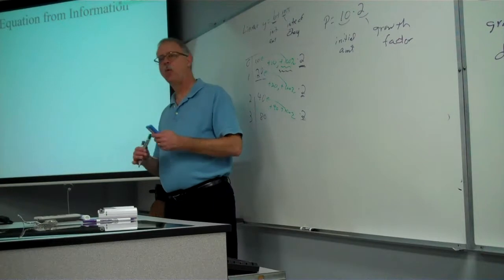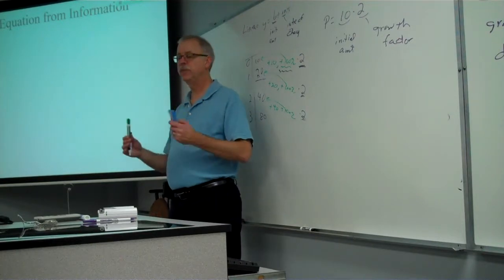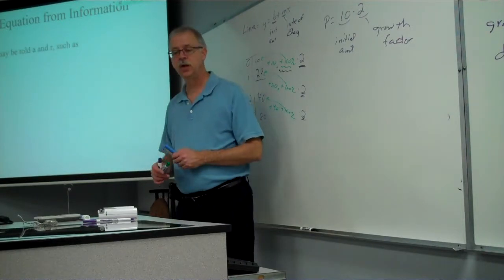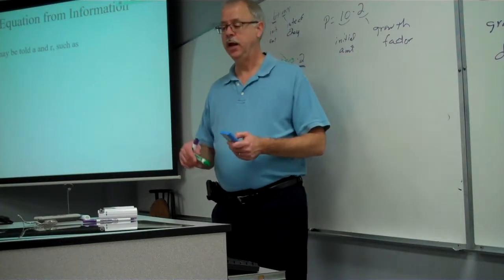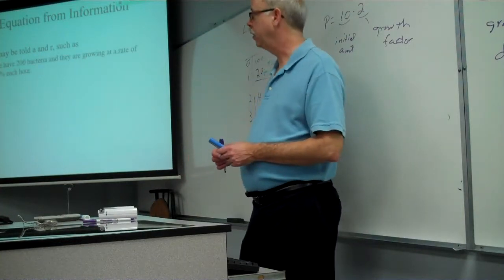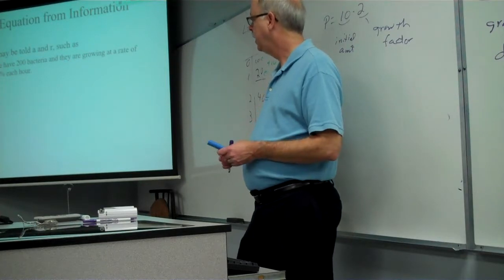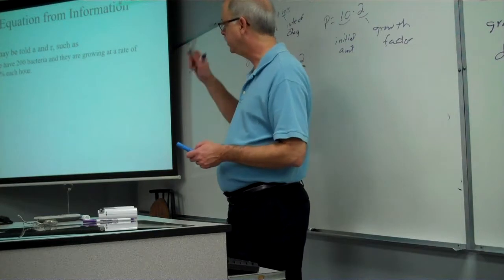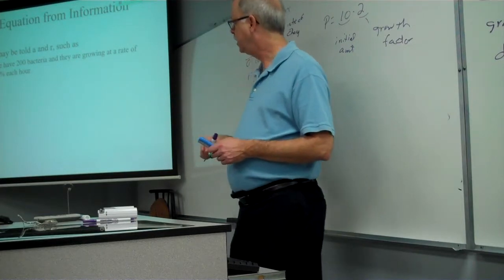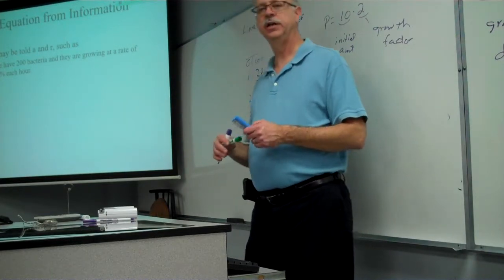So let's begin to think about where we might see this. If we're given some information, where might we see this? Well, one, we could just be told the initial amount and what percent. So say we've got 200 bacteria, and they're growing at a rate of 20% each hour.